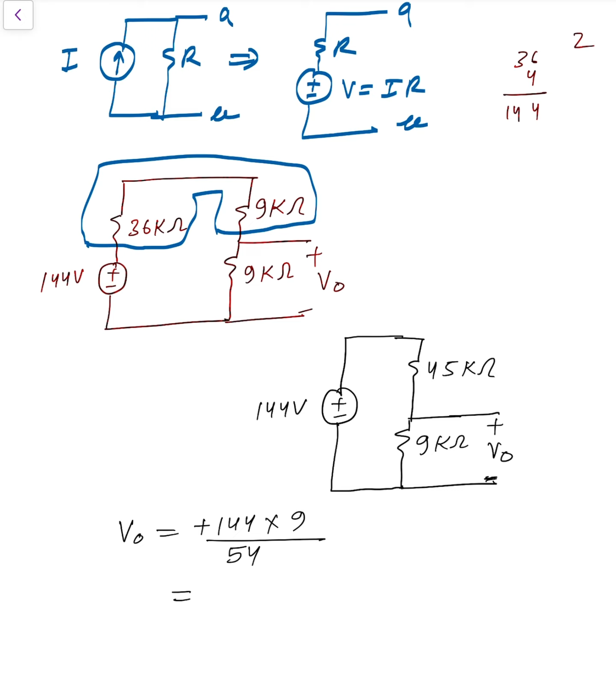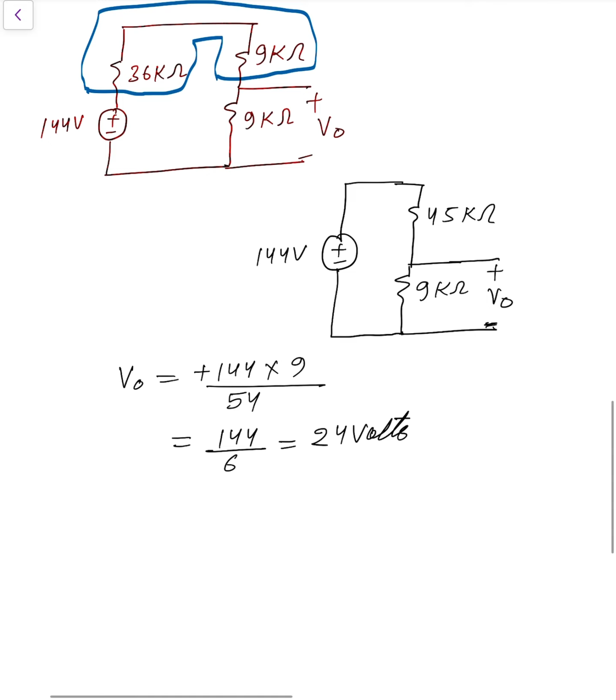Now 144 divided by 6, that is 24 volt. So the final answer, V naught is plus 24 volt, is the right answer.